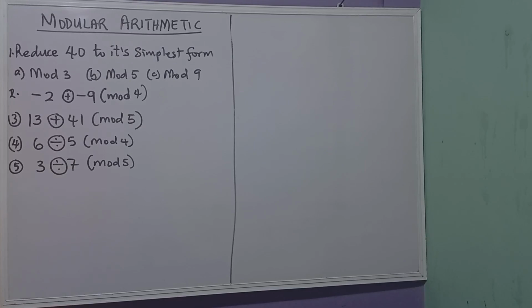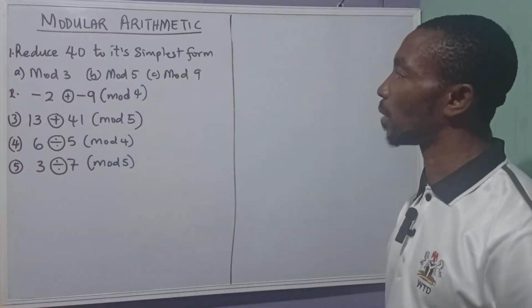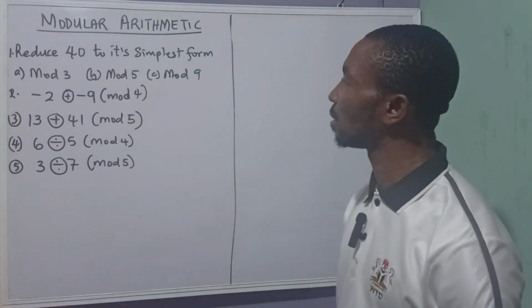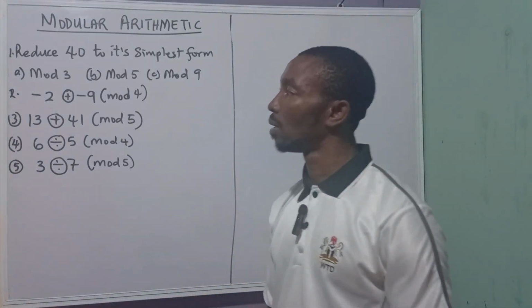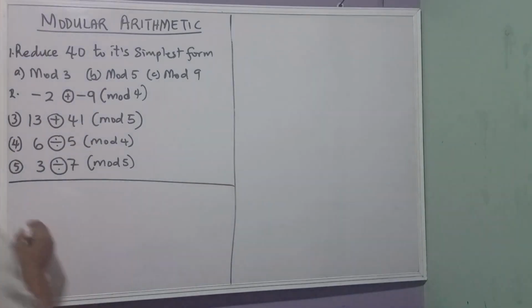Alright guys, our next question says, reduce 40 to its simplest form in mod 3, mod 5 and mod 9. Okay, now to work on this, for A we have mod 3.